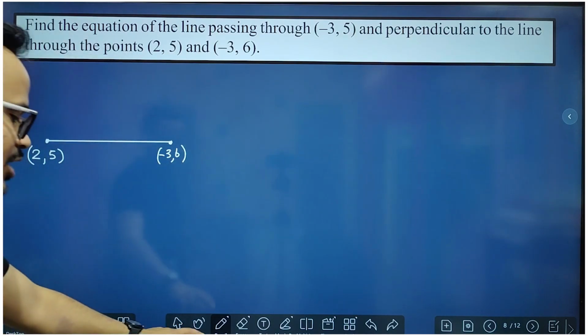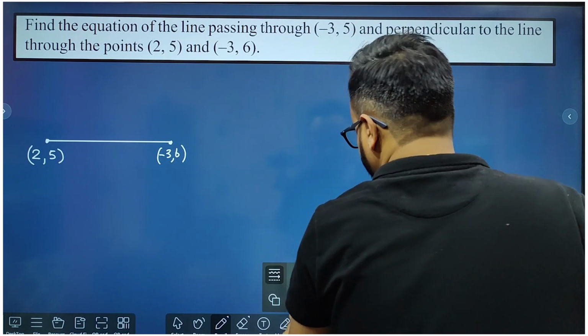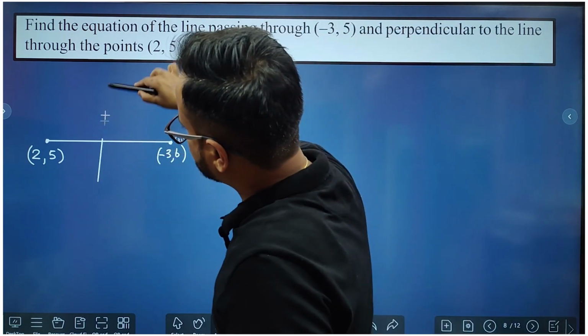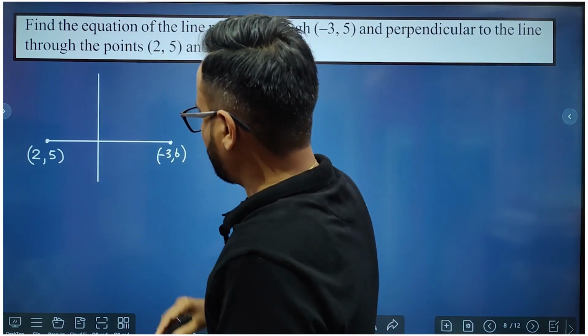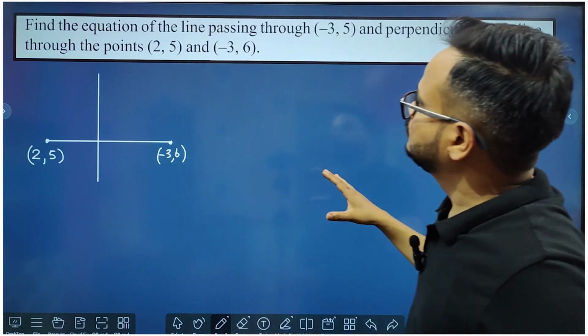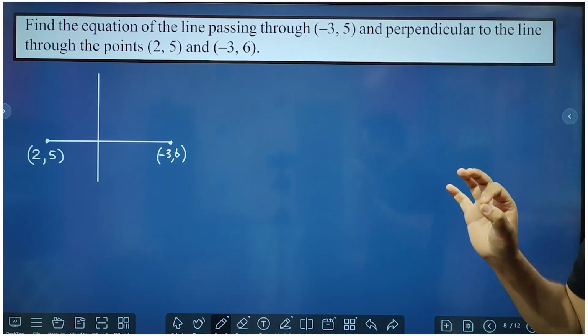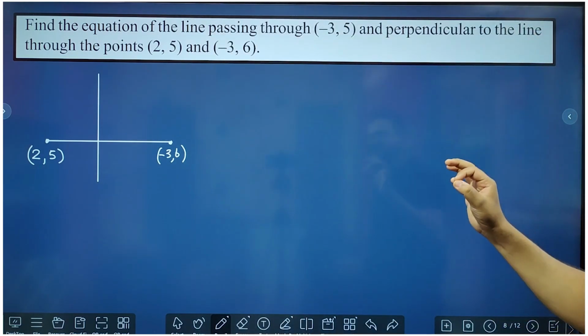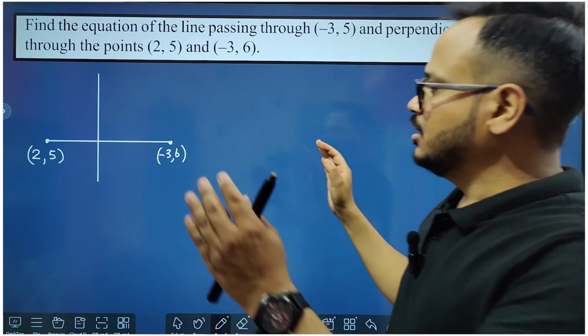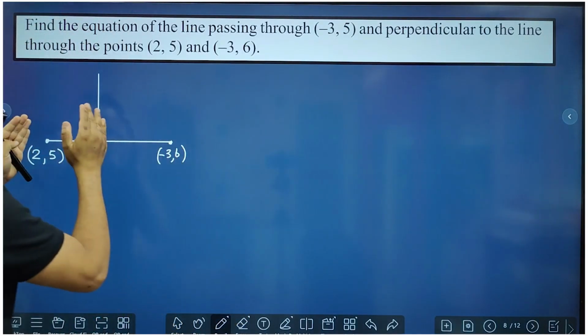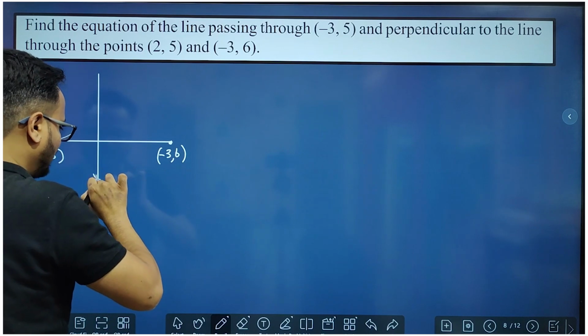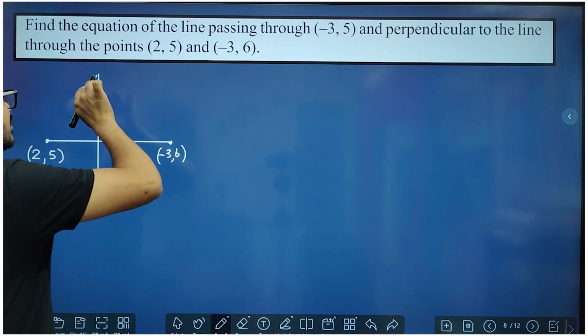Now we have to find the equation of a line which is passing through -3,5 and perpendicular to the line through the points this and this. So right, we have to find the equation of this line.